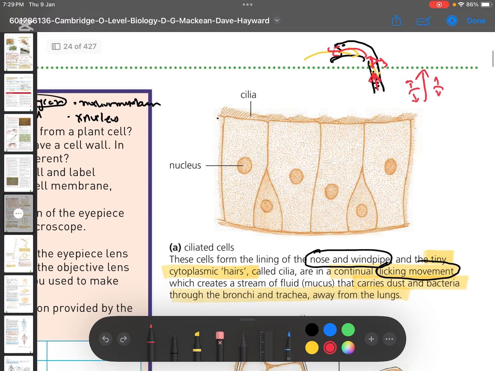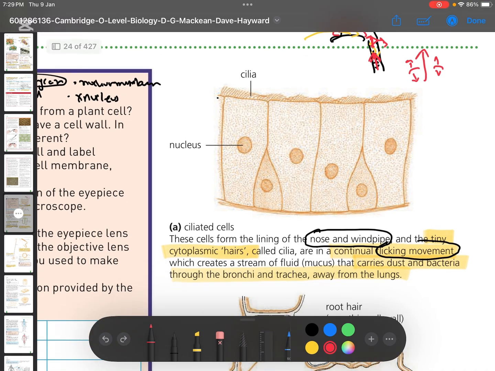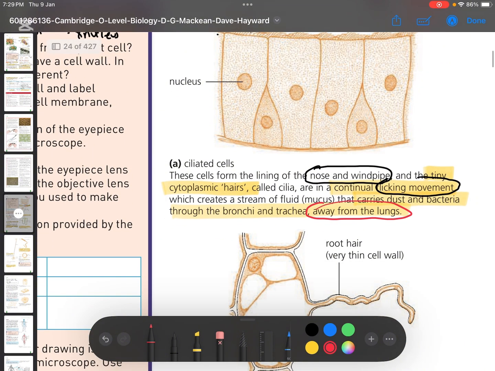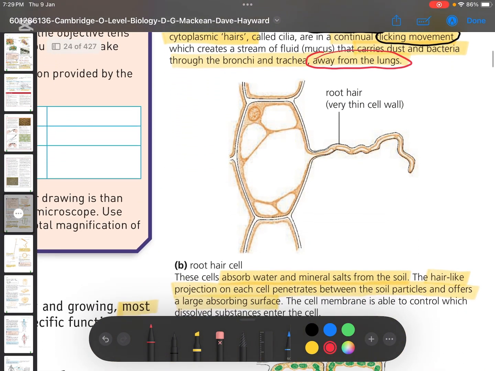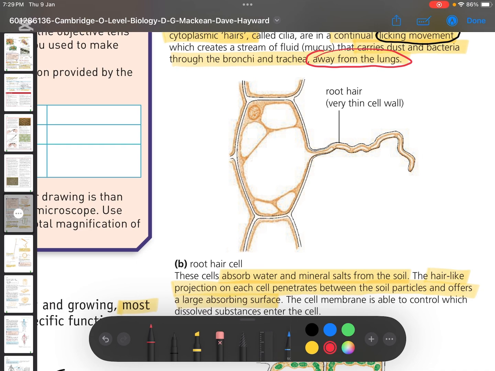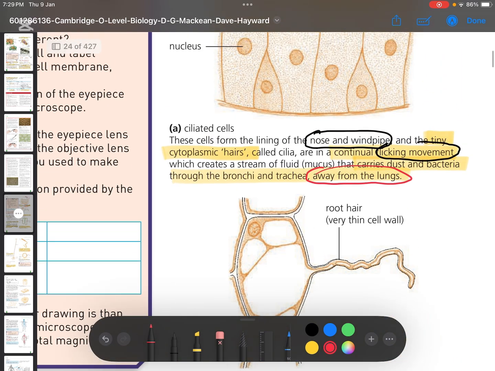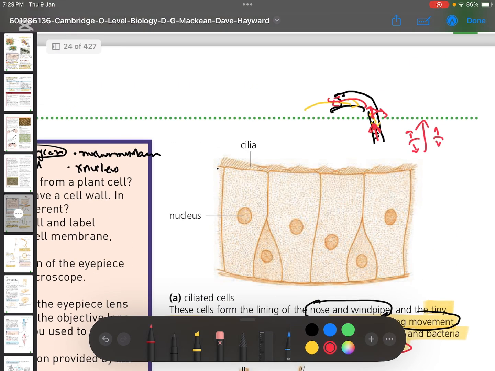It basically prevents all the bacterial cells and all the dust from entering into your lungs, right? It's trying to keep all the bad material, dust, bacterial cells, and so on and so forth, away from your lungs. It also secretes mucus here, by the way. These cells, you see these cells over here?